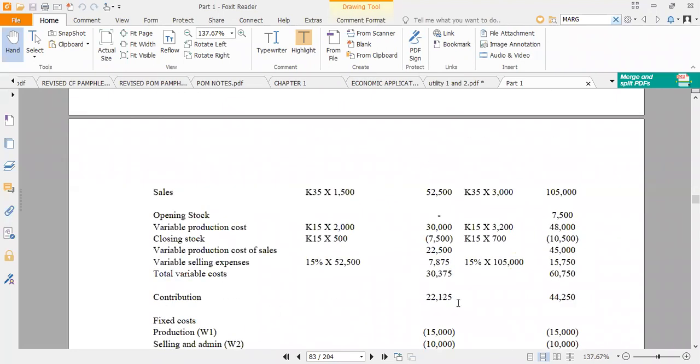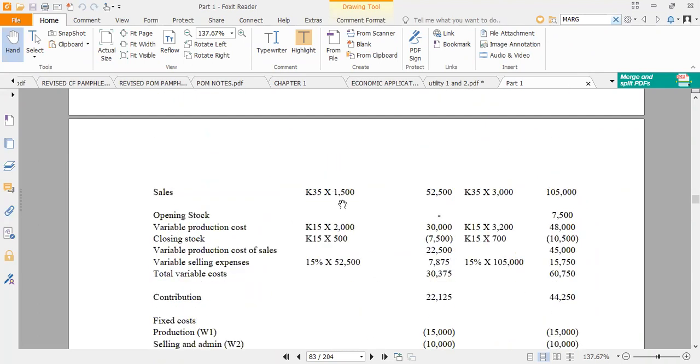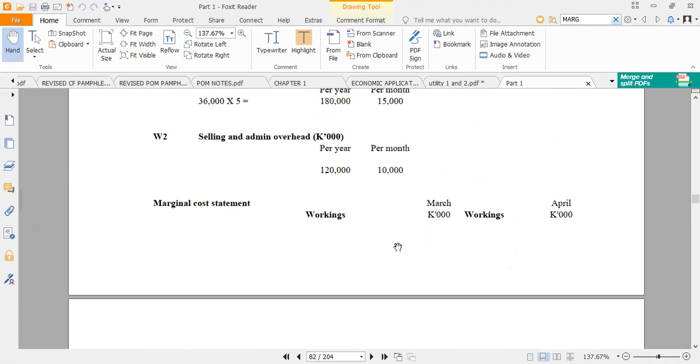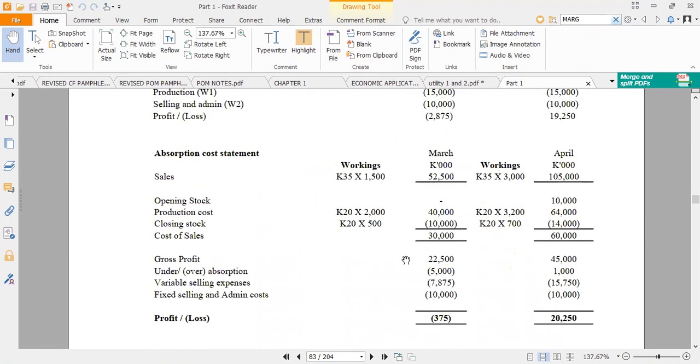That's one major difference between marginal and absorption costing. Then in absorption costing, we have the term gross profit, which is not found in marginal costing. So this is the major reason why we have these two computations of the statement of profit.